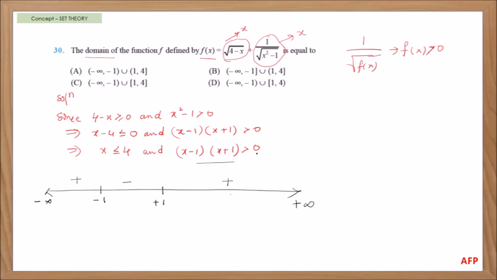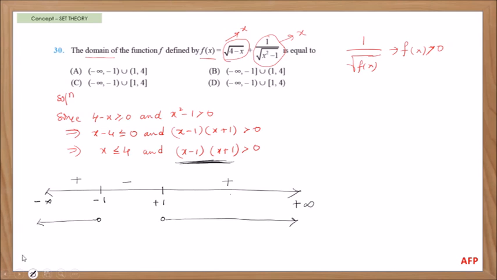This inequality is positive, so you have to take the positive intervals. Equal sign is not there, so for the second inequality you can take these two intervals, which means x belongs to these two intervals.